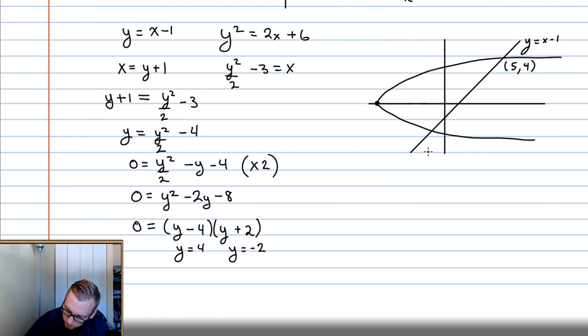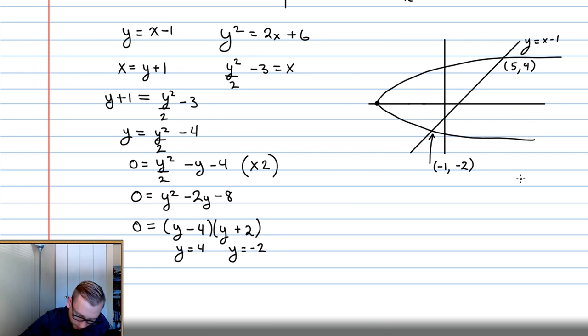This is y equals negative 2. So we'll put in negative 2 for y. Negative 2 plus 1 would be just negative 1. Right? This point here, negative 1 for the x, comma, negative 2 for the y. Okay.